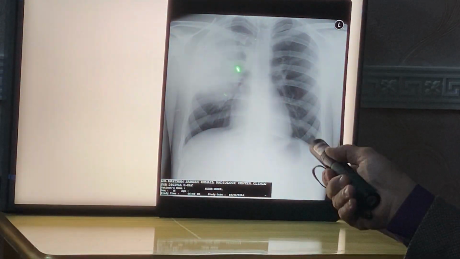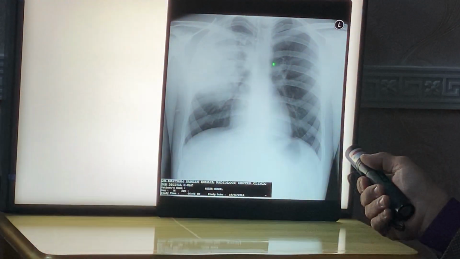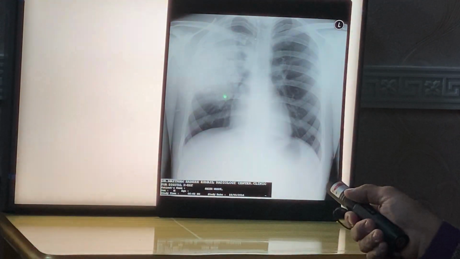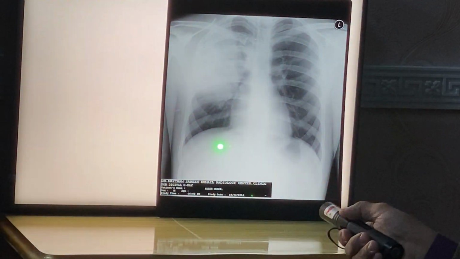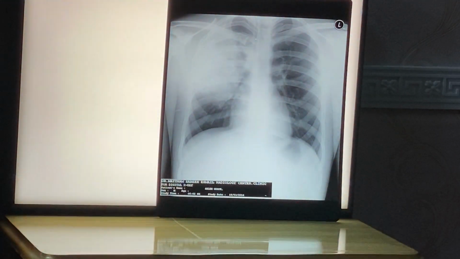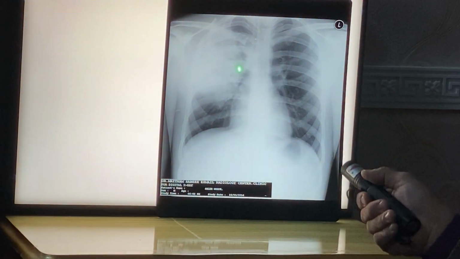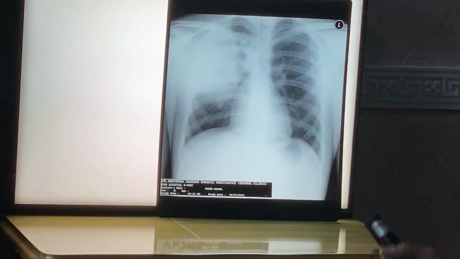If it was a mass or a tumor, there would be shifting of the trachea, shifting of the mediastinum, and sometimes elevation of the diaphragm. Okay, so this is a consolidation with a lobar pneumonia. Question.